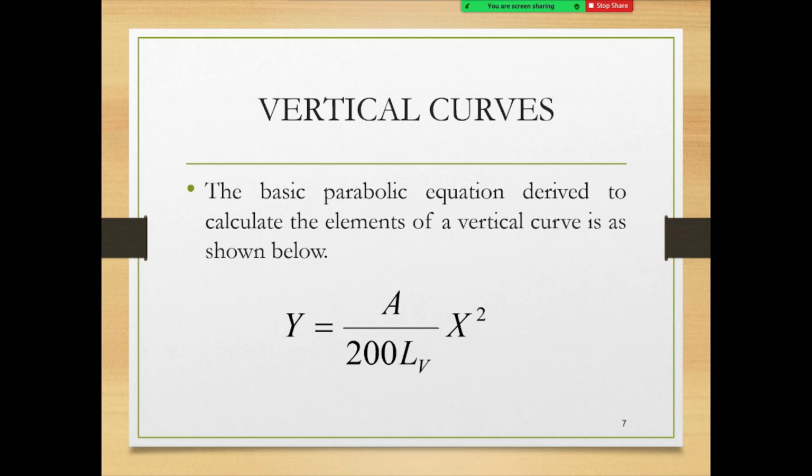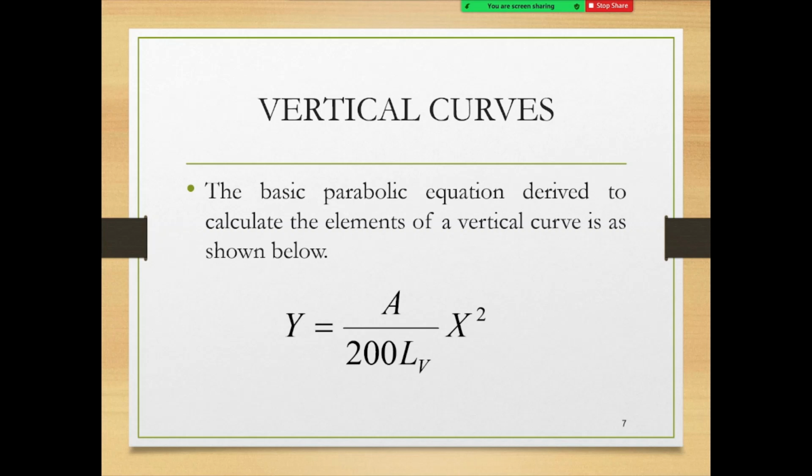And now the basic parabolic equation derived to calculate the elements of a vertical curve is as shown below. Now please write down what these things are. Y is the y-axis. The y-axis is normal to the x-axis. What is this x-axis? It is not along the road. Please understand this very well. Okay.